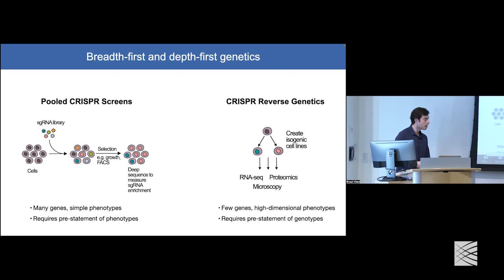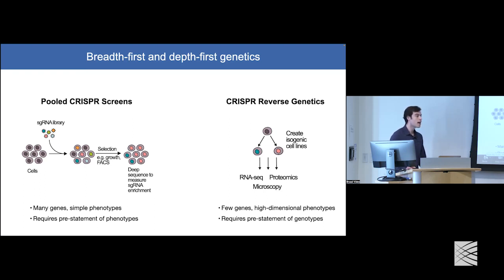That said, there has been a technological gap which has been exposed by the really rapid advances both in these breadth-first genetic screens and depth-first genetic screens. And that trade-off is that these breadth-first screens, they can assay many genes, but they tend to get quite simple phenotypes.